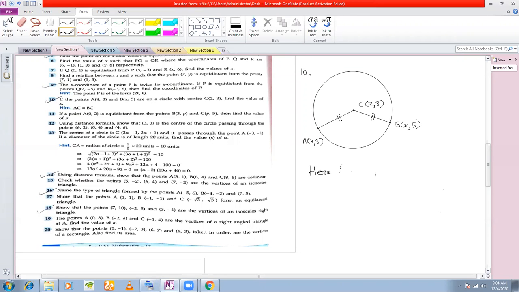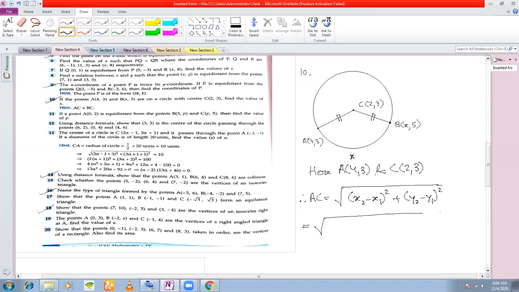Okay. So let us first find out the distance AC. Let us write down the coordinates first. Here A is 4 comma 3 and C is 2 comma 3. Therefore, what is AC? Write the formula first. Root over of x2 minus x1 whole square plus y2 minus y1 whole square. So take this one as your x1, y1, x2, y2.